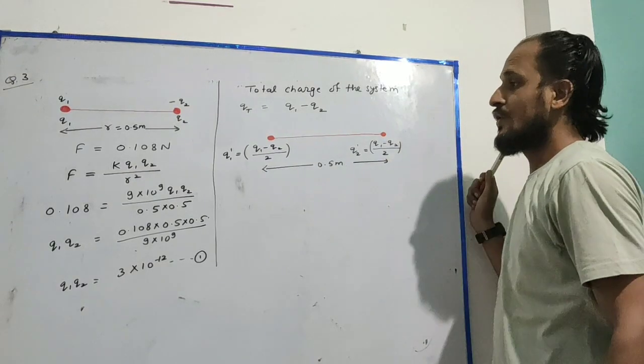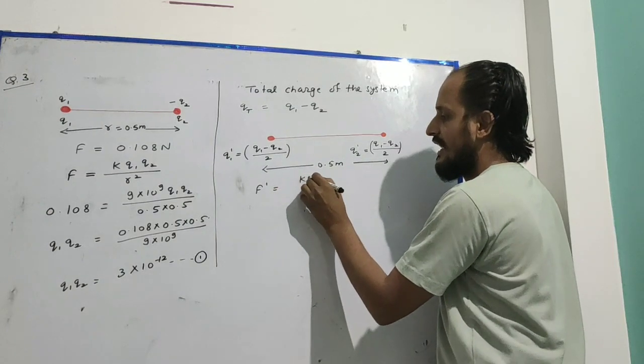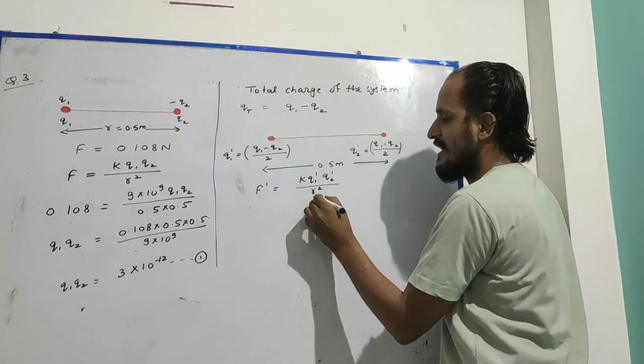So what is the new force? F dash equals K Q1 dash Q2 dash divided by R square.